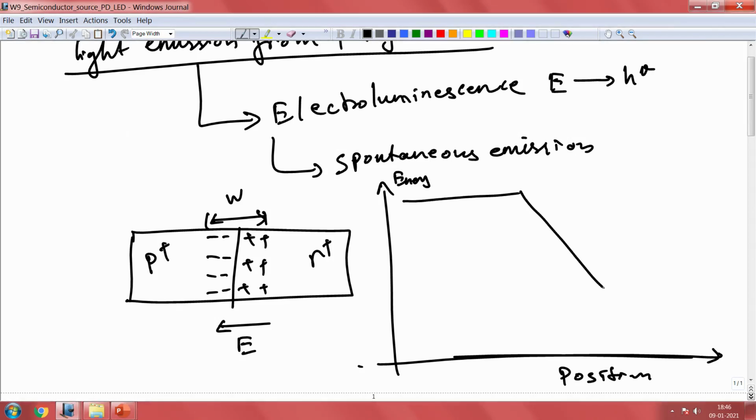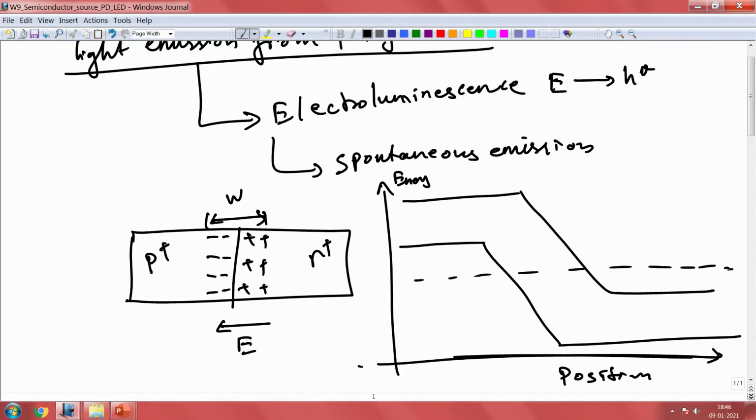Your band is going to look something like this, and similarly like that, and this is our Fermi level here. This is too large, so Fermi is somewhere here, because this is P plus and this is N plus.